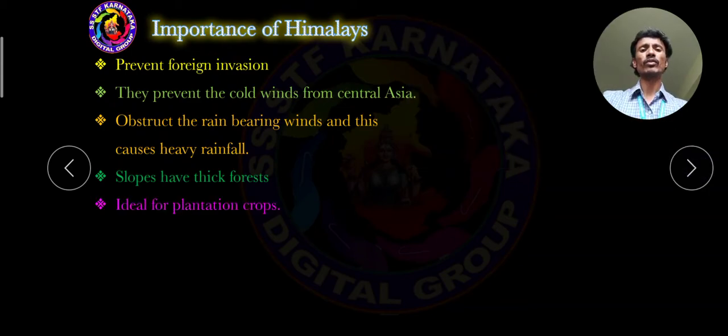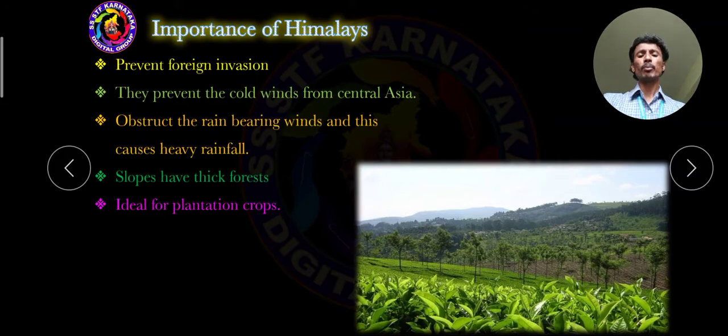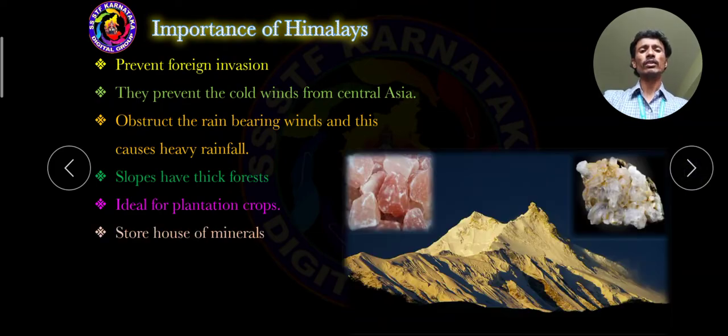Then ideal for plantation crops. It means a perfect climate for plantation crops, and the slopes of the hill stations grow important crops like coffee, tea, rubber, etc. Then storehouse of minerals.